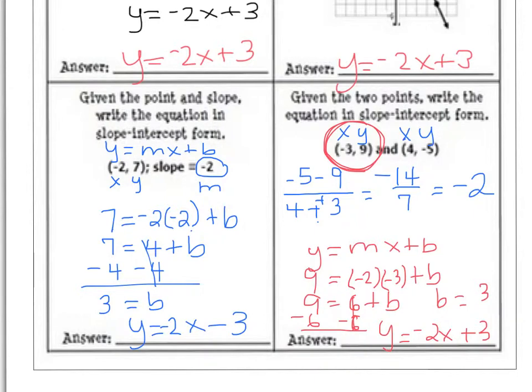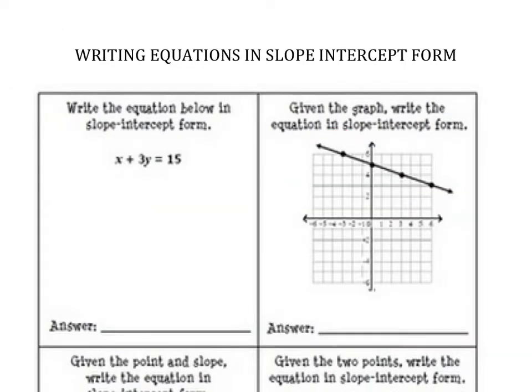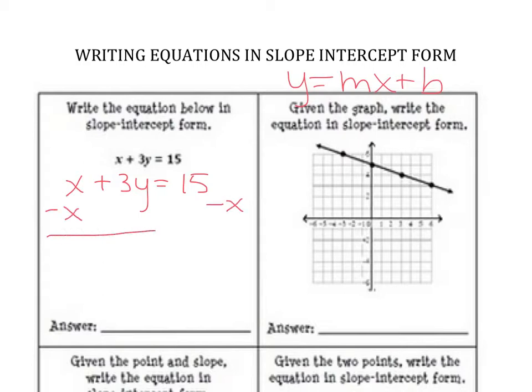Okay, if I go to the back, we have to get this equation to say y equals mx plus b, just like last time. That's the goal. So looking at the first one, x plus 3y equals 15. First thing I need to do is get rid of the x, minus x.